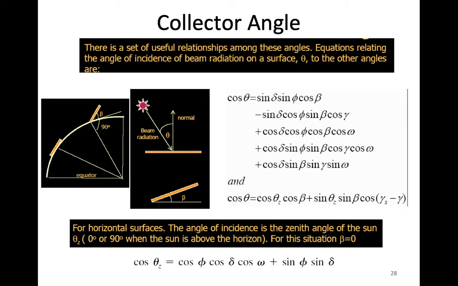There is a set of useful relationships among these angles. Equations relating the angle of incidence of beam radiation on a surface, theta, to other angles are as shown in the equations. For a horizontal surface, the angle of incidence is the zenith angle of the sun, theta z. For this situation, beta is equal to 0, and the equation simplifies to this equation.